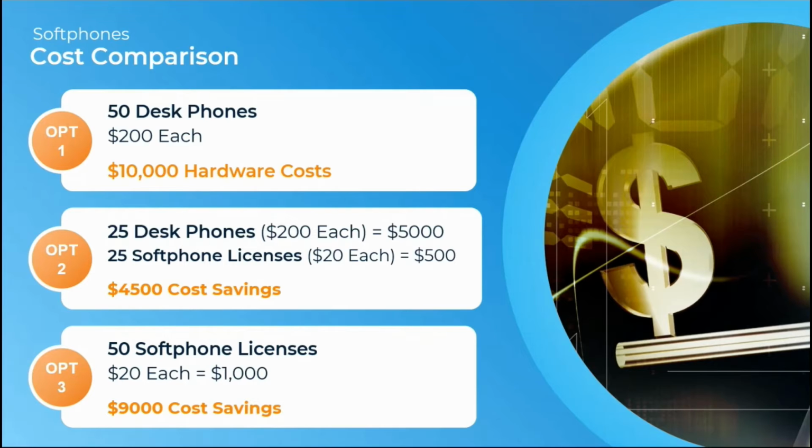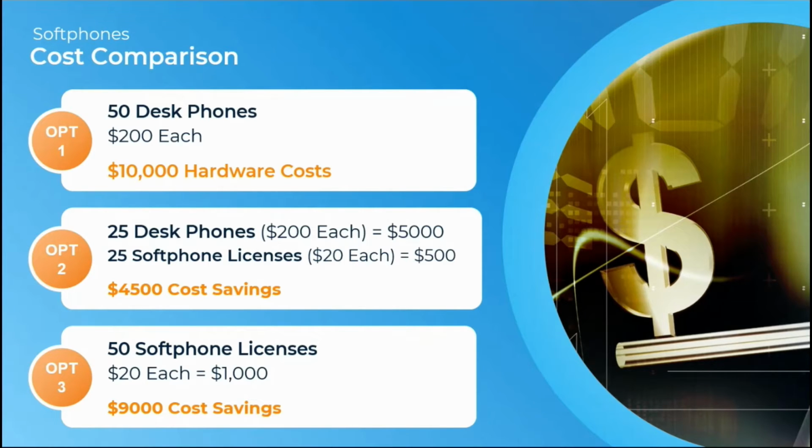And then option 3, the company would spend the same $19.99 per user per year for a soft phone with Clearly Anywhere. So that cost for all 50 people would be $999.50. I just rounded up to $1,000. And the employees can work anywhere. So that is, yes, an annual recurring cost.